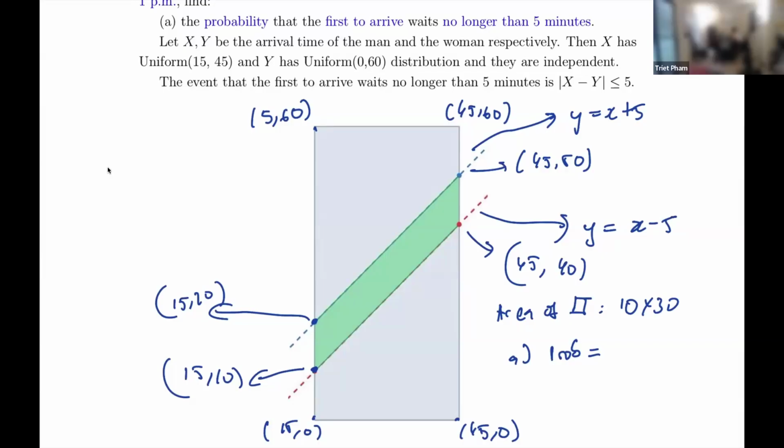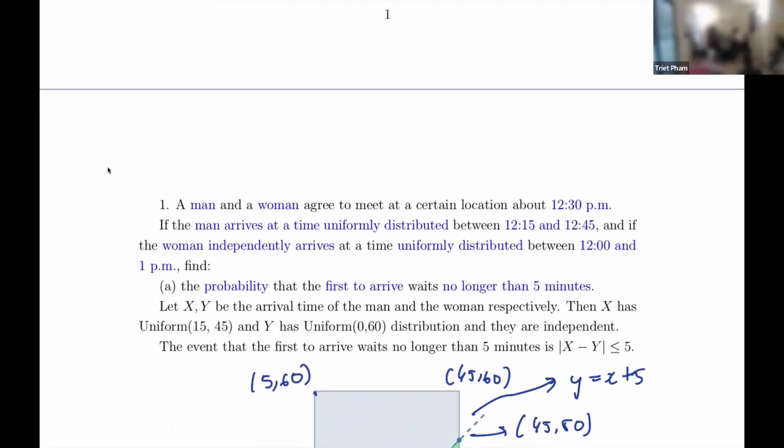It would be the area of the parallelogram divided by the area of the rectangle, which is 30 times 60. So 1/6. All right, any question about this?